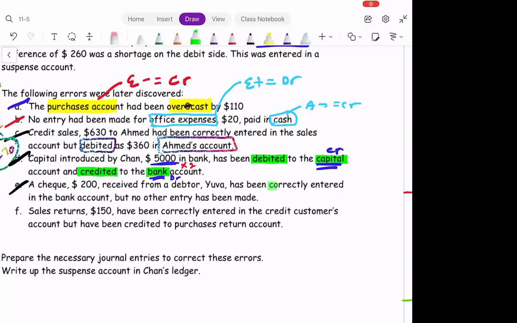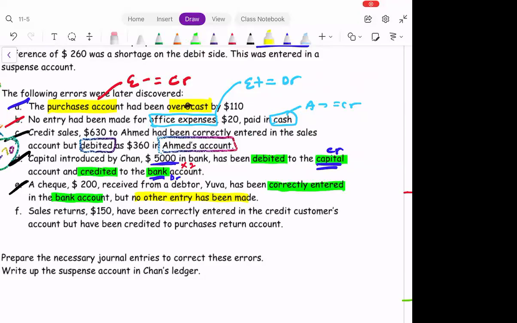I read again, correctly entered in the bank account, but no entry had been made for another account. So now, one side mistake or two side mistake? One side mistake. If one side mistake, definitely there will be a suspense account.